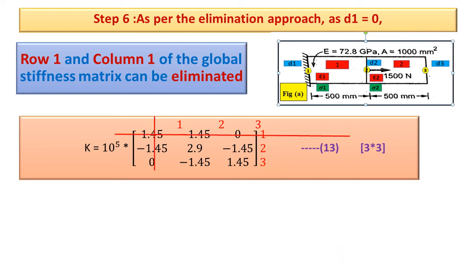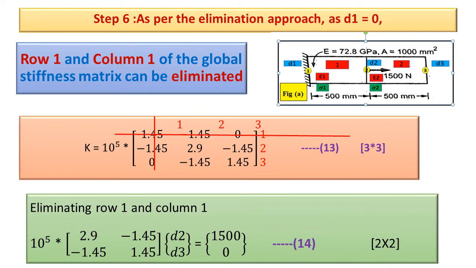So eliminating column 1 and row 1, the 3 by 3 matrix gets converted to 2 by 2. So equation 13 represents that 3 by 3 matrix, while equation 14 represents the 2 by 2 global stiffness matrix along with displacement vector and load vector after elimination approach.